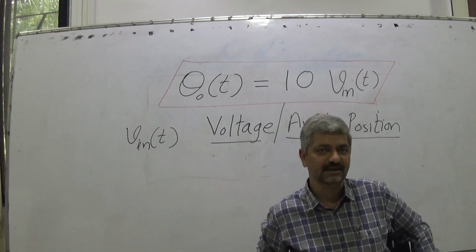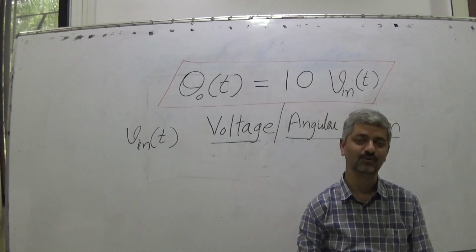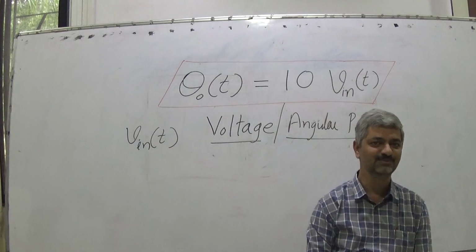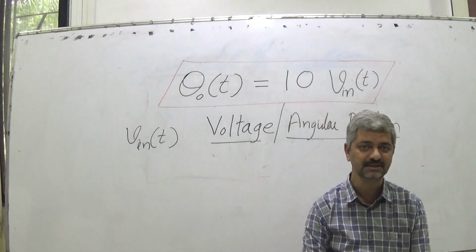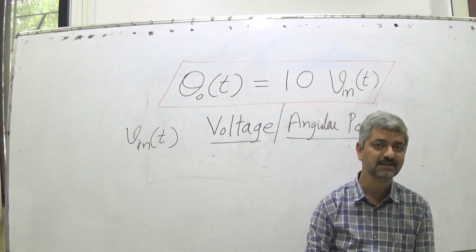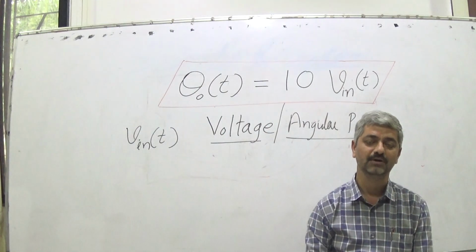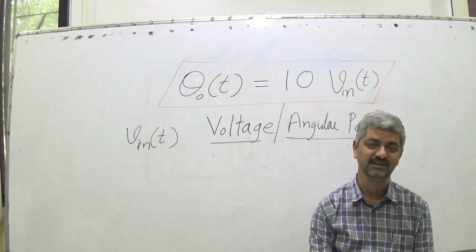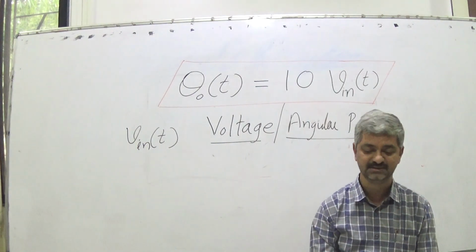If you remove one cell, give 1.5 volts, it will show you 15 degrees. If you take 3 cells, you will see 45 degrees. So all this discussion is for constant signal. Instead, now listen very carefully, here is the crux.